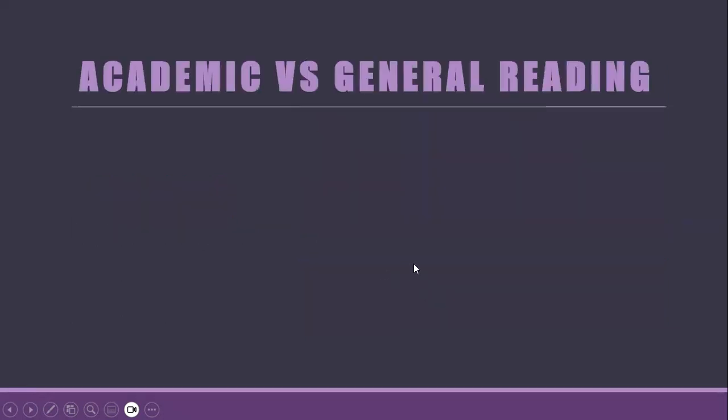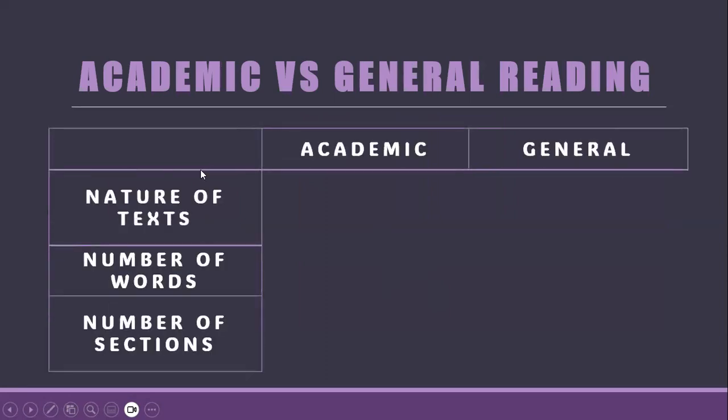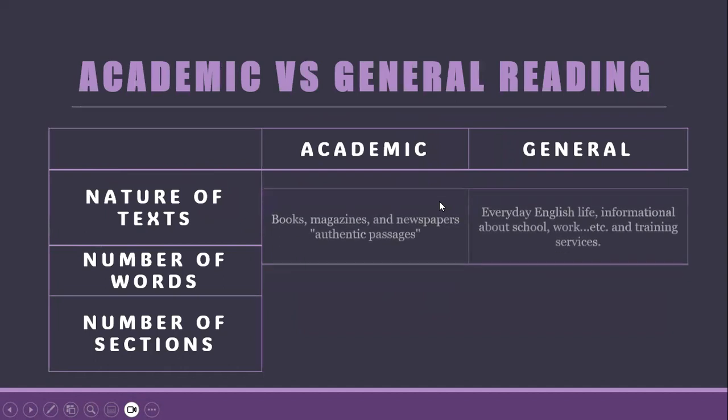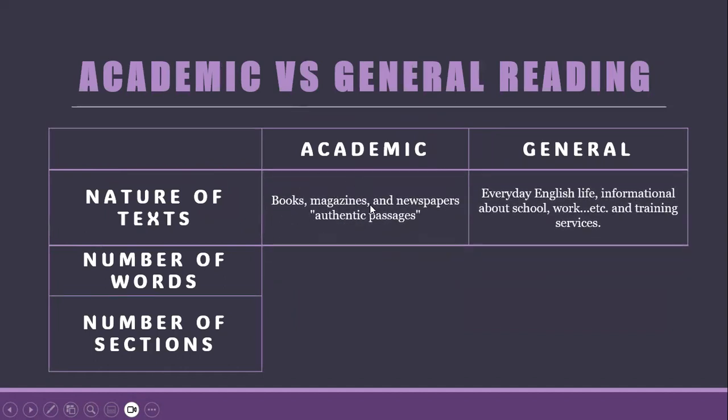And as I said earlier, in reading, we have some differences between academic and general texts. In academic texts, the nature of the text is going to be taken from books, magazines, and newspapers, things that you are familiar with, but sometimes they are a bit difficult.